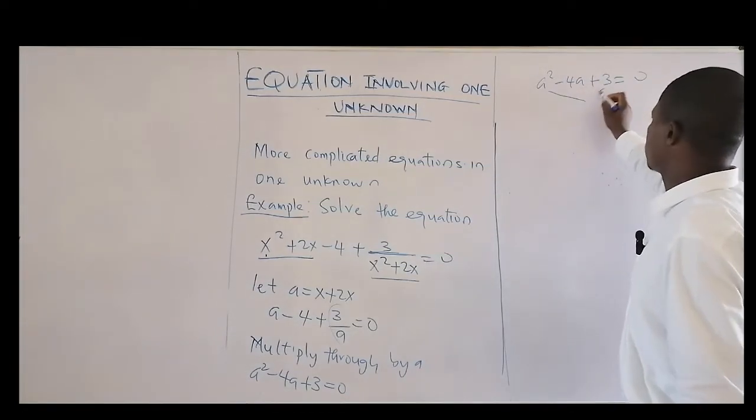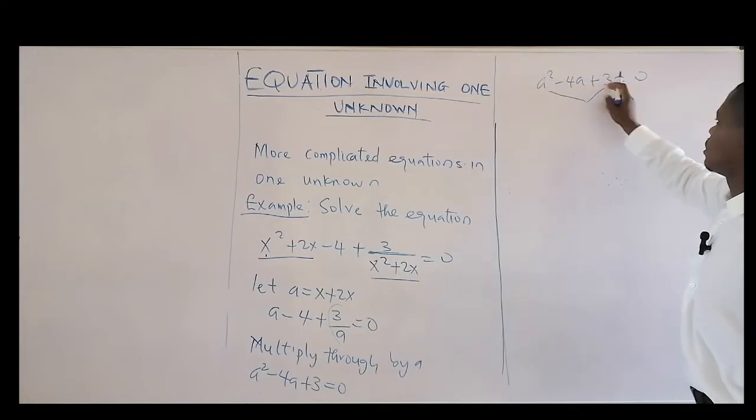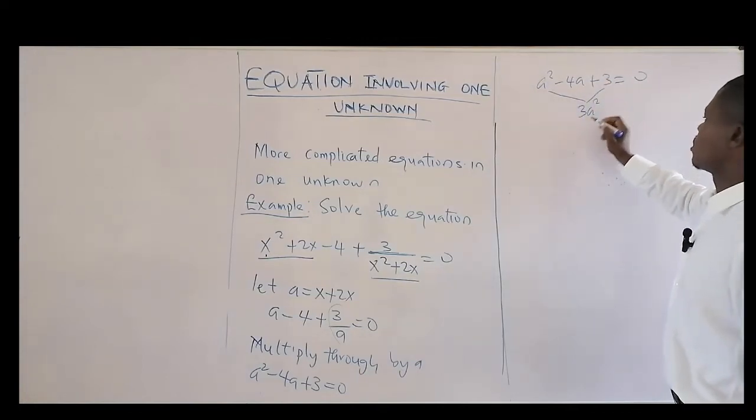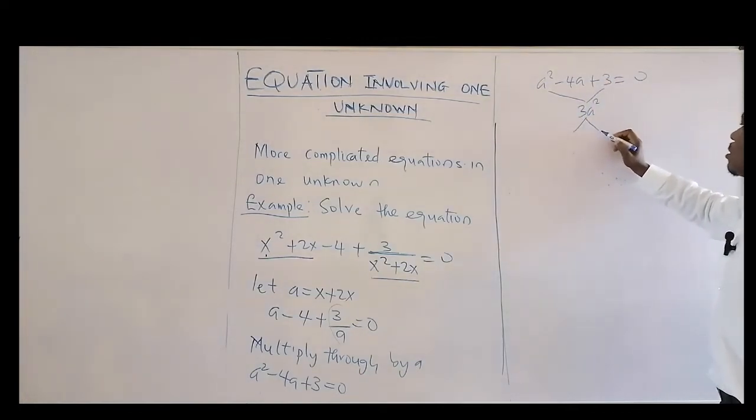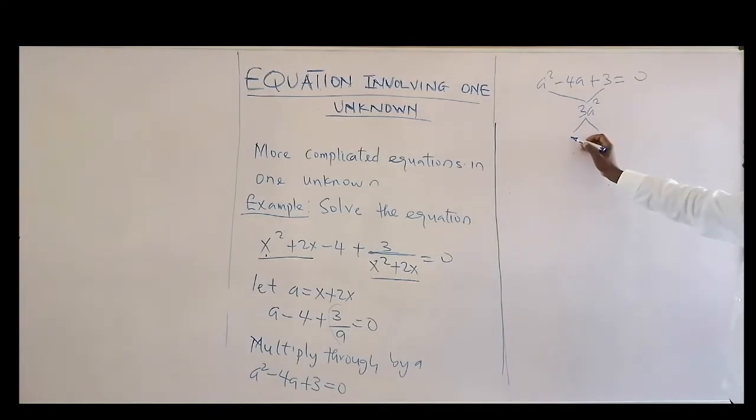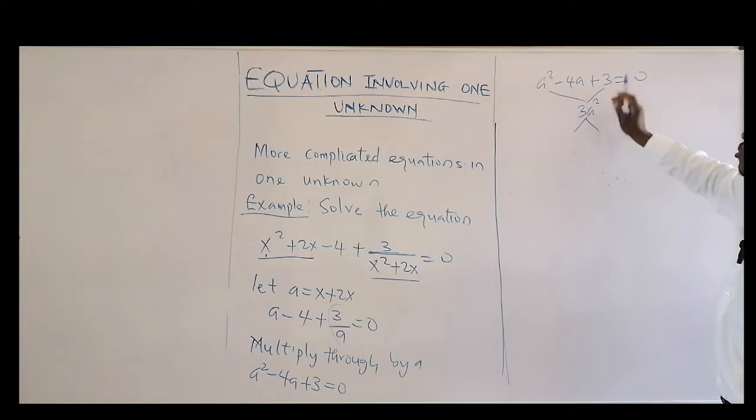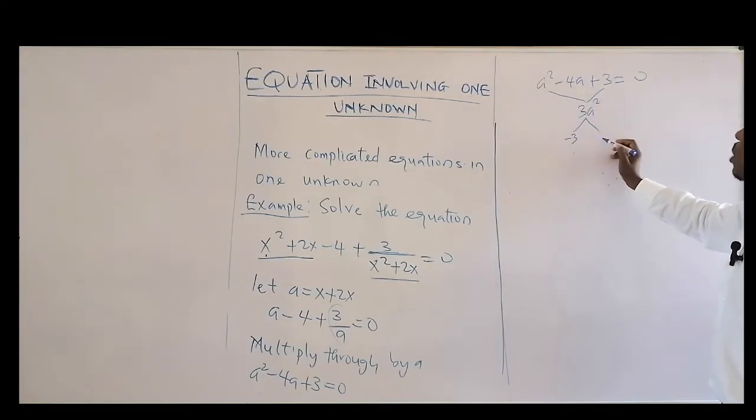Then we can factorize this. The product of this one and this one is 3a squared, and two factors of this are 3 and 1. When you add or subtract, how can you use 3 and 1 to get minus 4? That will be minus 3 minus 1. Okay? Pair this a here, 1 here, minus a.